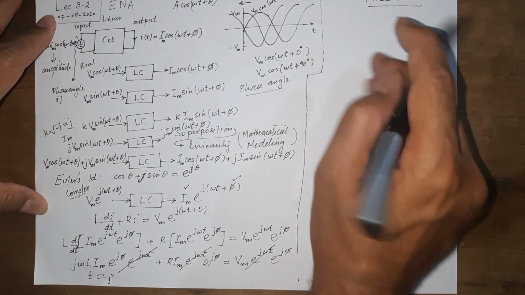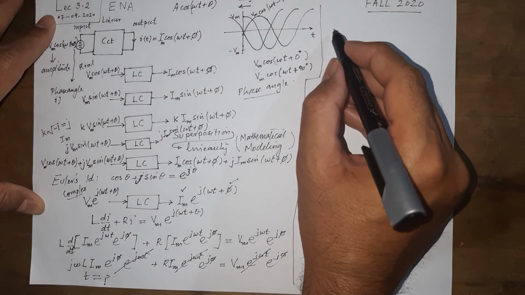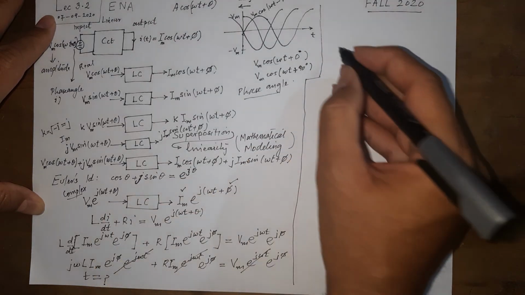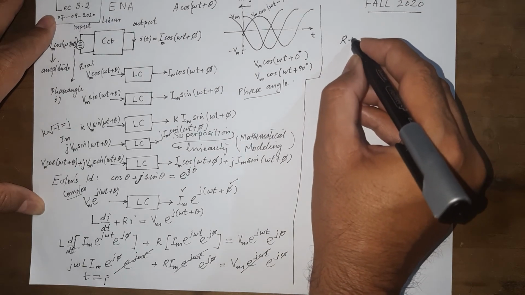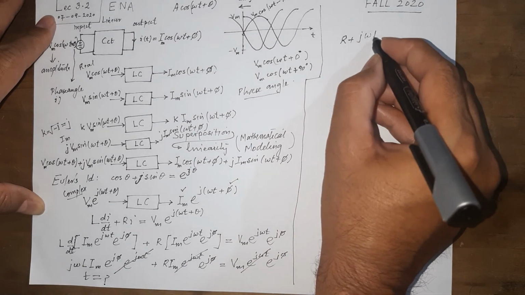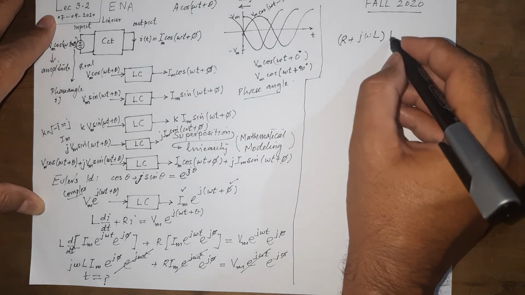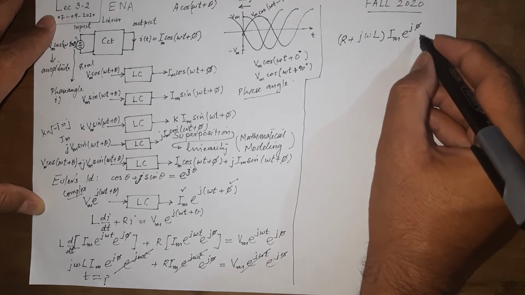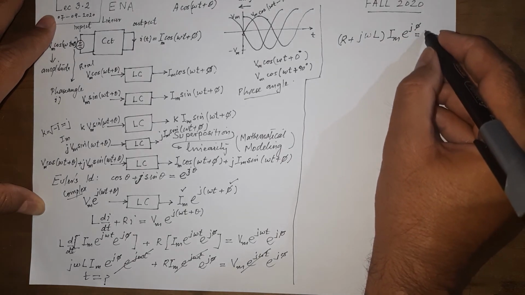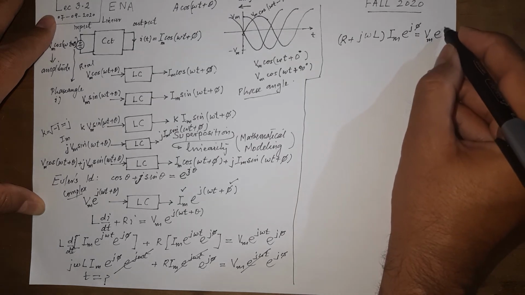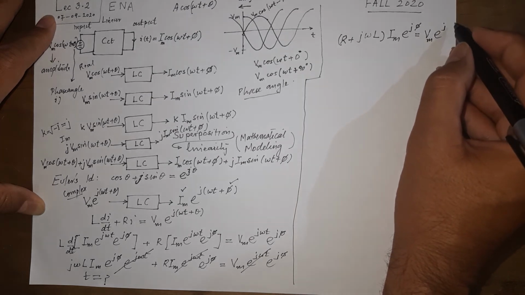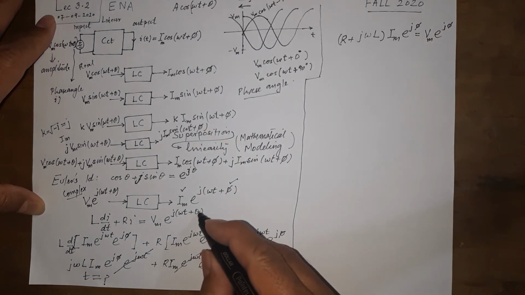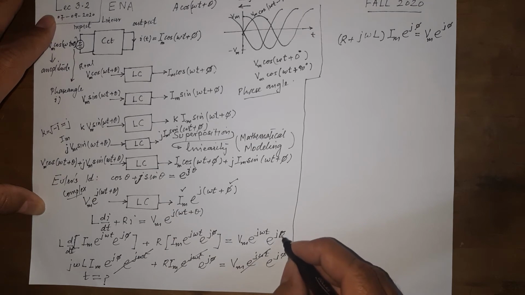The resulting equation is R plus j omega L, times Im e raised power j phi, is equal to Vm e raised power j theta. Oh, sorry, this was not phi, this was theta.